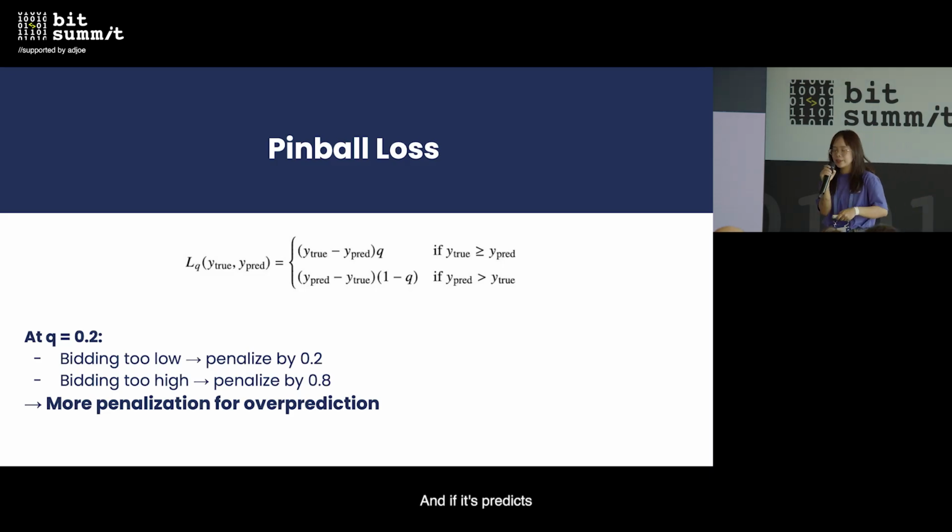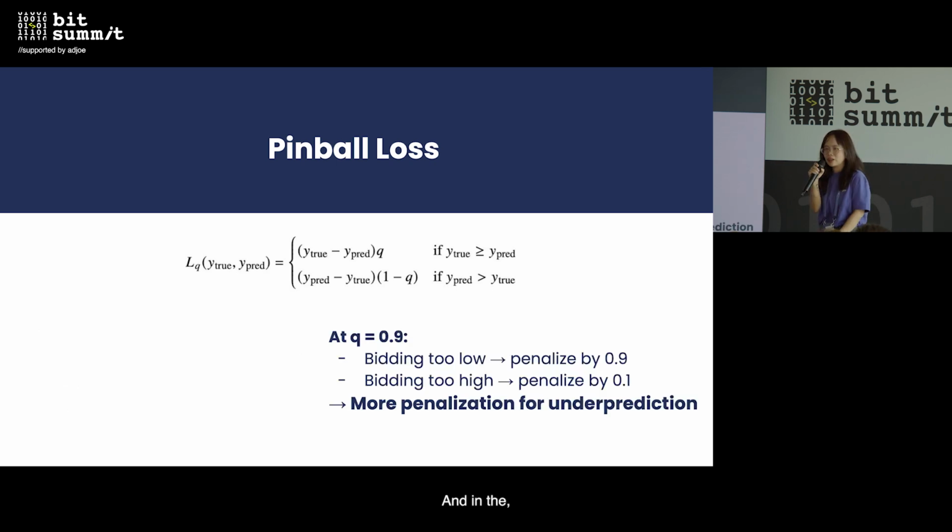And if it predicts higher than the true values, then it will be penalized by 0.8. So it will be penalized more heavily for the over-prediction case. And overall, it will help the model learn that at this lower quantile, it should be slightly lower than the mean, so that it could have a winning chance of 20%.